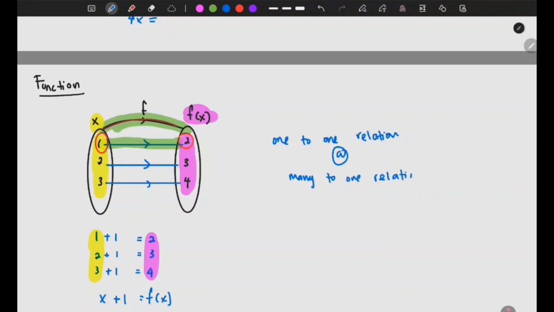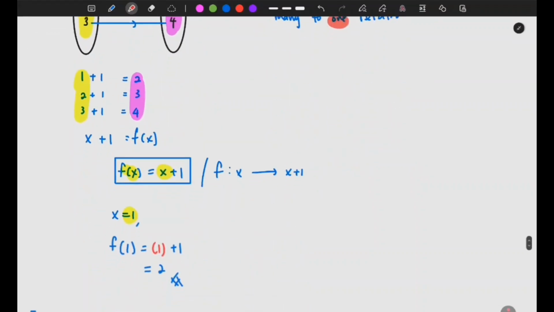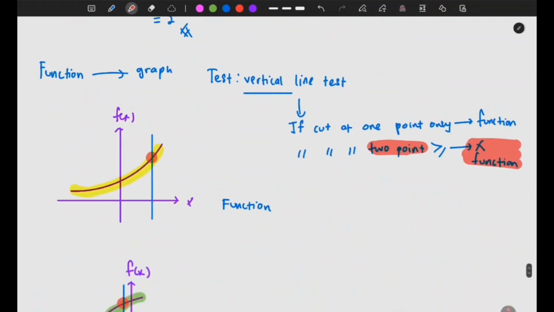Your f(x), your codomain or your image, always has to be one. Your image cannot be a lot. It can only be one image, but the object can be many. Your object can be many, but the image has to be one. Yeah, you're right. Correct.